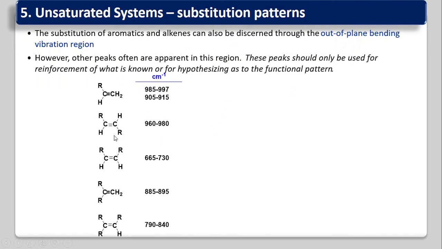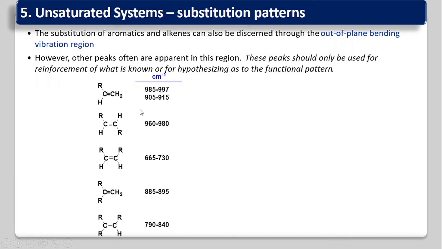Alkenes are of these types: terminal monosubstituted alkene, disubstituted alkene trans, disubstituted alkene cis, disubstituted terminal alkene, and trisubstituted alkene. In this region, we can understand from the spectral data what the substitution is.